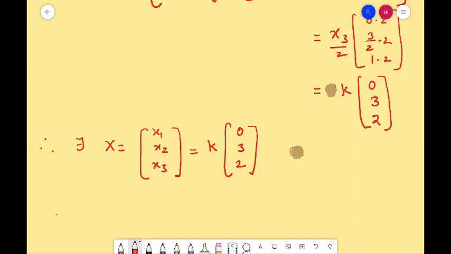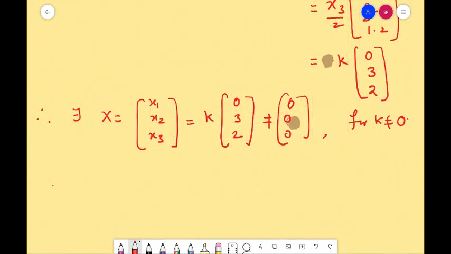So this is not equal to 0, 0, 0 for k not equal to 0. So what do you mean by that? That implies the equation Ax minus lambda x is equal to 0 has a non-zero solution also.